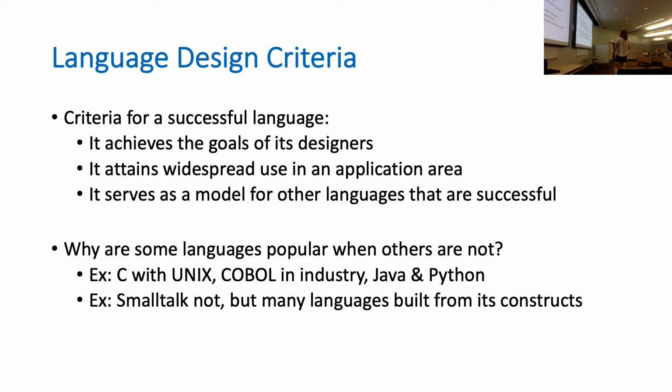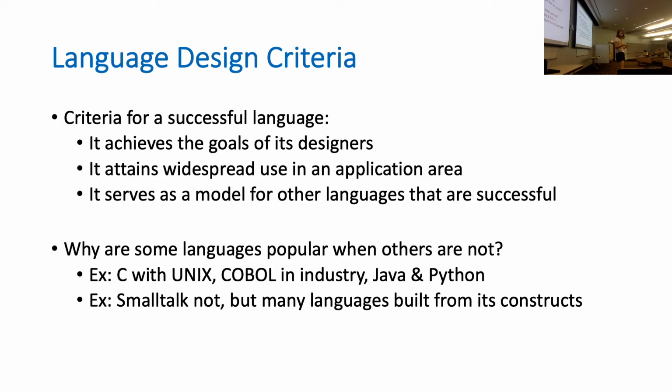It can be any of these categories. It doesn't have to hit all of them. It just has to hit at least one of them. For a successful language, it will need to achieve the goals of its designers, it could attain widespread use in an application area, or it could serve as a model for other successful programming languages.